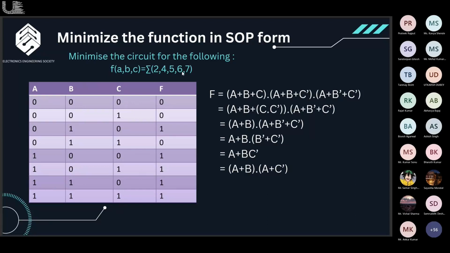So the given values 2, 4, 5, 6, 7 denote that the output of this Boolean expression would be 1 only when the decimal equivalent of the input sequence is either 2 or 4 or 5 or 6 or 7. You can see the truth table has been constructed. Here A, B, C are the input Boolean values and F is the output, and the output is 1 only when the input sequence is 2, 4, 5, 6 or 7.